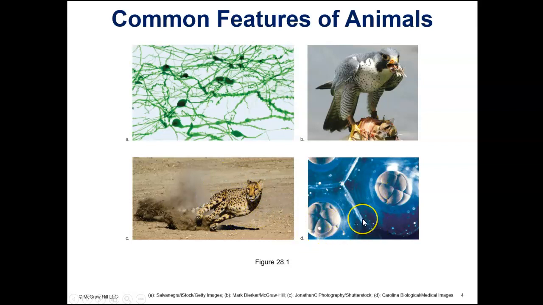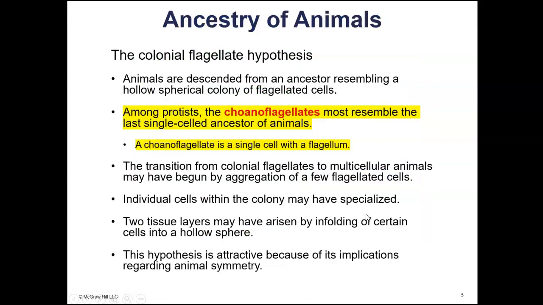And what you see in picture D is a ball of cells that formed as the zygote, the original cell, the fertilized egg, began dividing. So this is very, very early embryonic development.